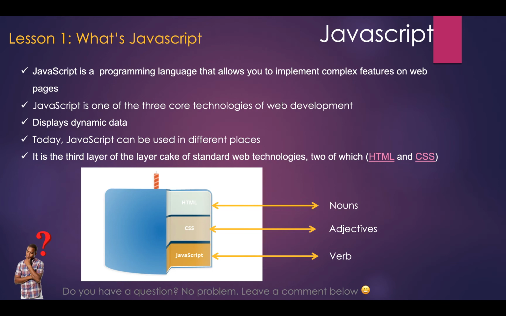And adjectives means adding some styles, the colors that make it beautiful, of that sort. That is for CSS. Okay, and JavaScript is a verb. You know, in English, when you say verb, it is something that does some action. So all the actions that you want to be done on your web page, you need to use what is called JavaScript, for what? Interactivity.